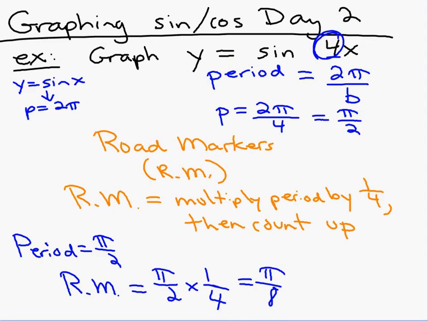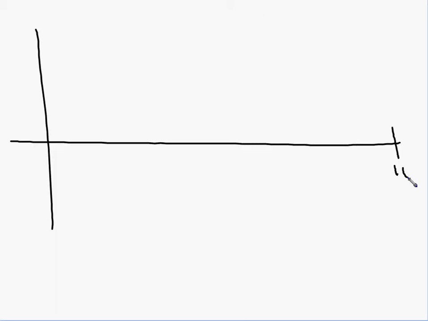We're going to sketch our graph, and we always come over here and we put my period at the far right. What was my period for this one? Wasn't it pi halves? Right? So we're going to put my period over here. And I know that the sine function is going to do one period between 0 and pi halves. All right?